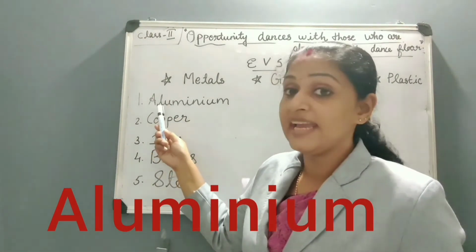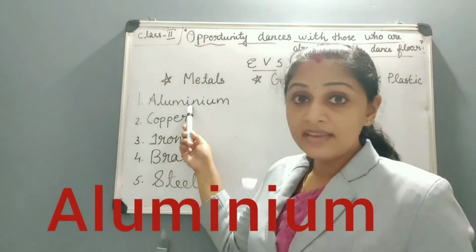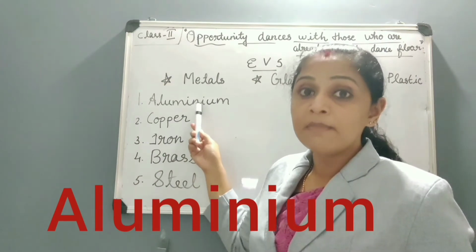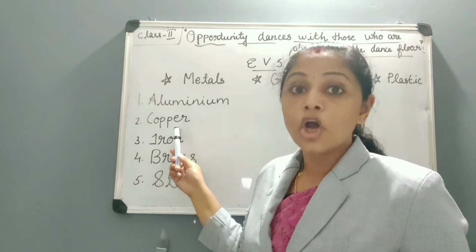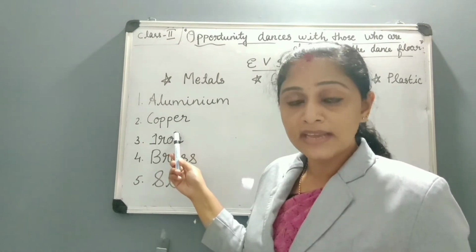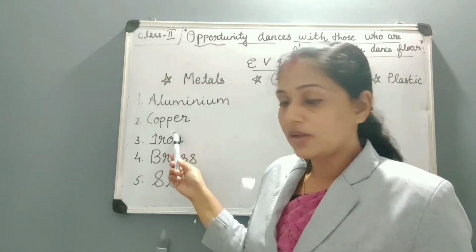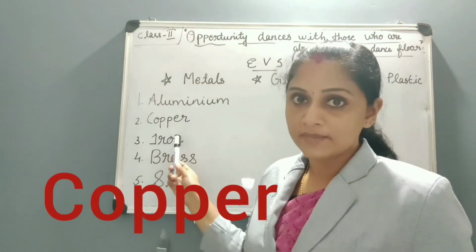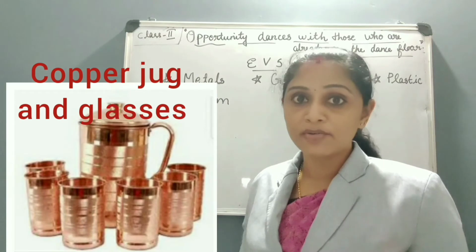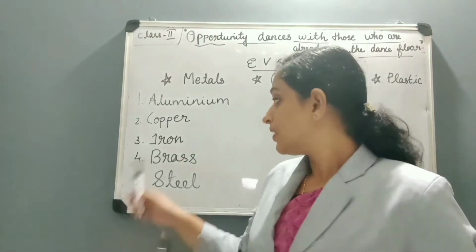Read with me. Then copper. Copper is also used for making utensils. C-O-P-P-E-R. Copper. Many copper vessels and copper utensils are available in the shop.